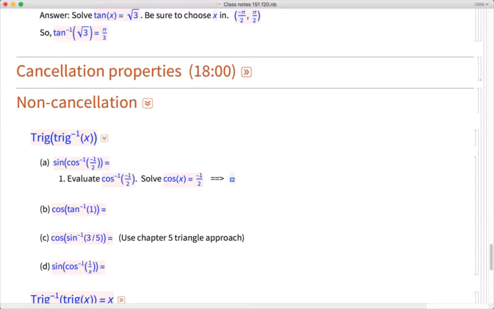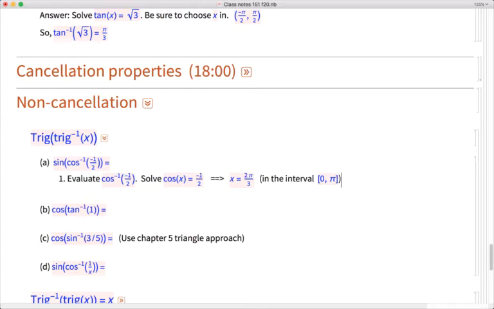I believe that's exactly the problem that I did up above. This is 2 pi over 3. Just as a constant reminder here, that is in the correct interval. That's in the range.